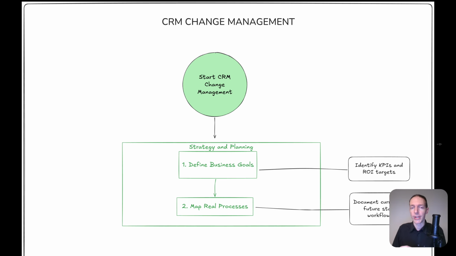Let's go through it. So you define your business goals and you would map the real process. That means you've got a current process and a target or a future process. At the moment, you would then have your KPIs already defined from before, and now you would try to define other KPIs, because after all, you're implementing this change because you're expecting some improvement, increase of revenue, reduction of churn rate or something.